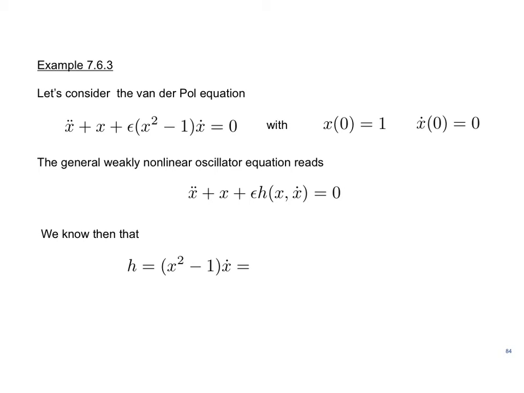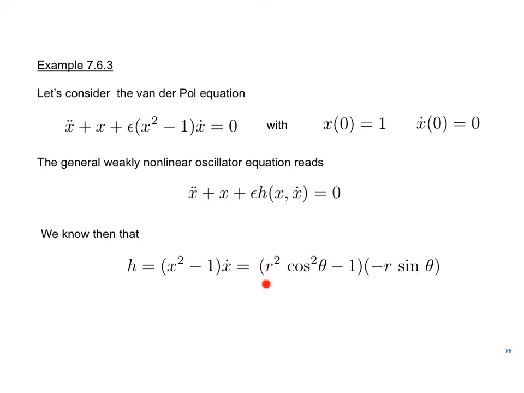So we have the definition already of x. This is the thing we already had. So remember, x is equal to r cosine of theta, and we just apply this to the actual expression for h, and we obtain the actual derivation.